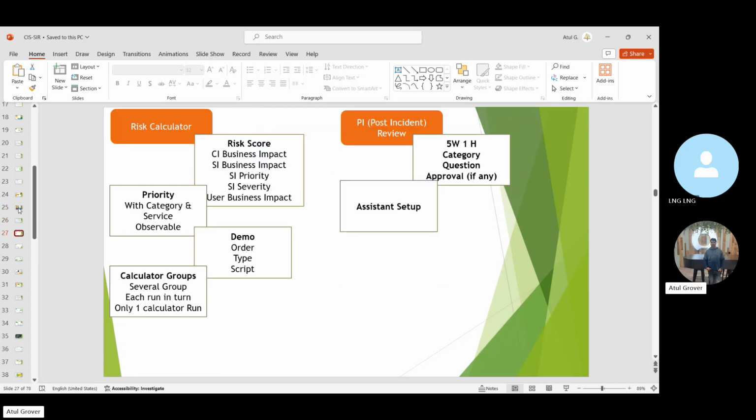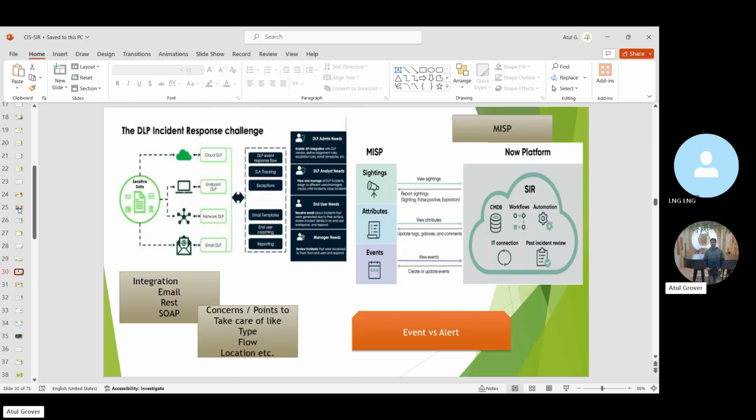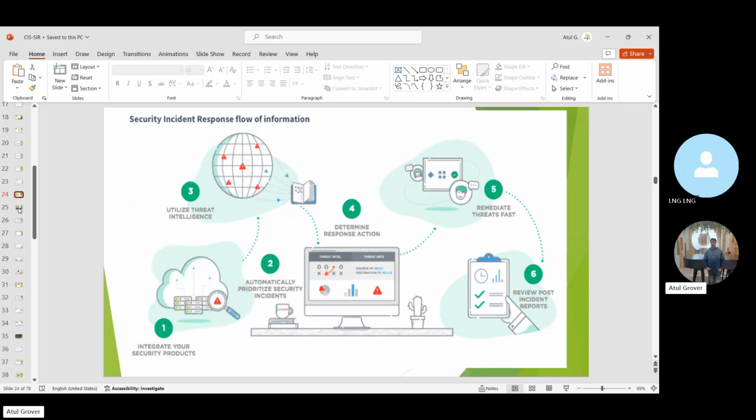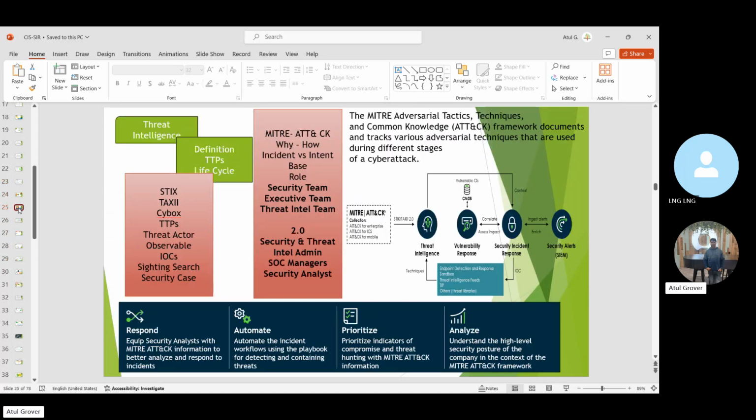Let me see if I have anything else on that part. Let me go back and see here. Okay, we are on this, right? As I said, with the help of this I'm getting something, and it is for enterprise and for mobile.